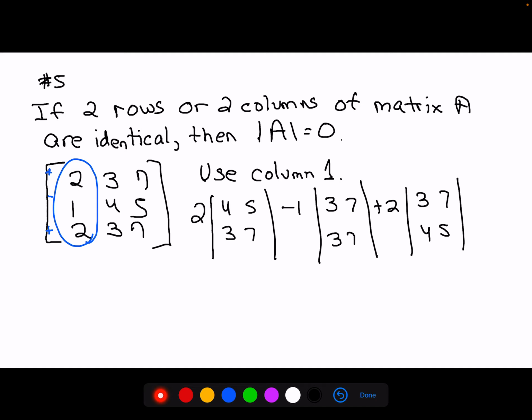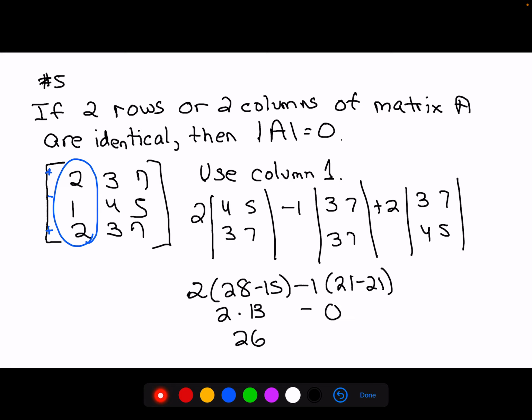So you might notice the patterns here. So 2 times 28 minus 15, so that's 2 times 13, which is 26, minus 1 times 21 minus 21, so minus 0, plus 2 times 15 minus 28, so plus 2 times negative 13, so minus 26.